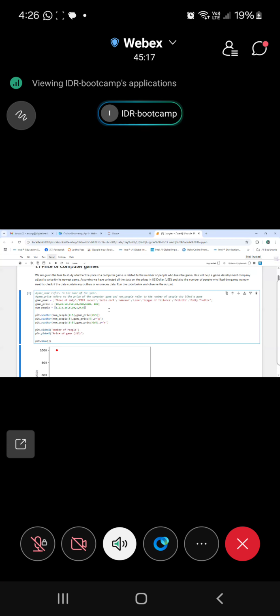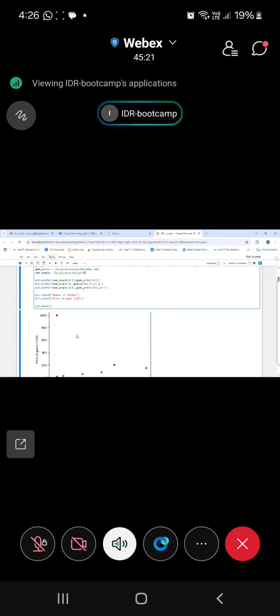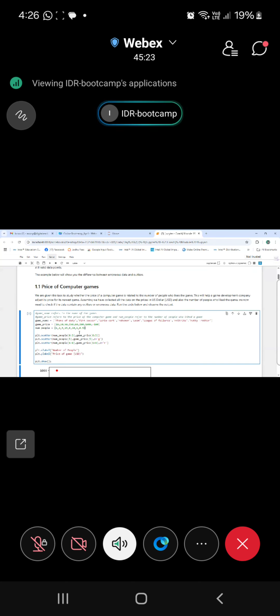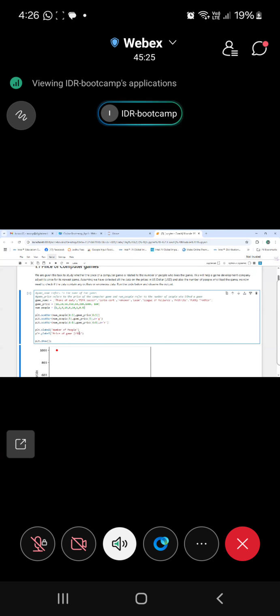By plotting the graph, what you are trying to understand is what trend or pattern is shown. Are the prices of the computer games aligned with the number of people, or is there some incorrectness in the data? So you plot a scatter plot over here.